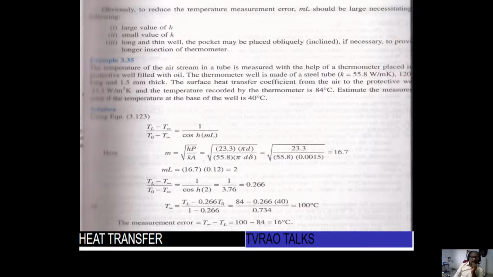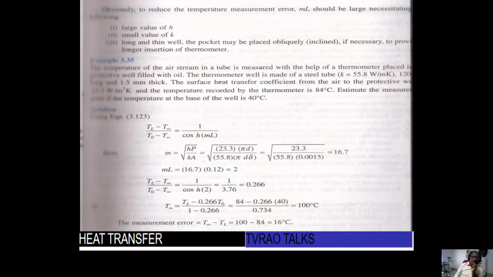This is the temperature distribution for the insulated fin, where TL minus T infinity will be considered as the error in temperature measurement. This difference of temperature is a measure of the error in temperature.